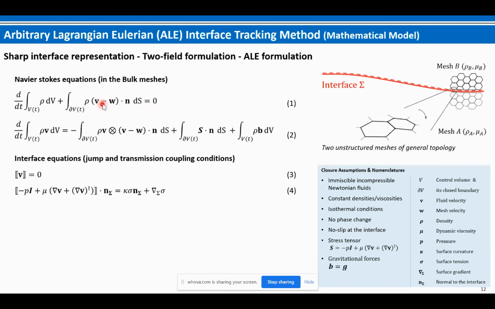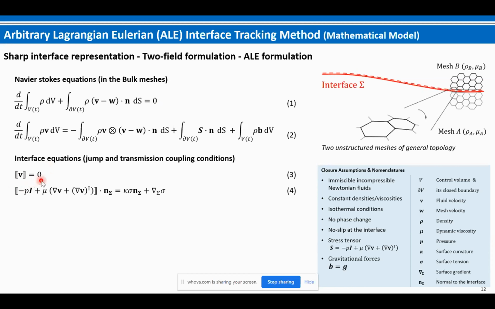So in addition to the velocity of the fluid, we also have the velocity of the mesh, W. Using these first two equations along with the closure assumptions that I list here, we get the interface equations, which are the jump and transmission conditions.